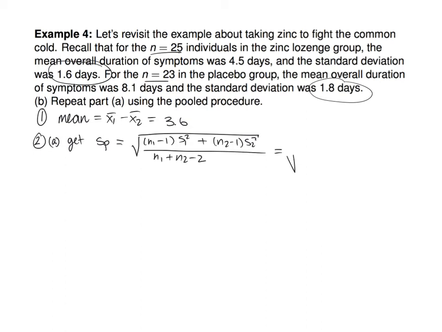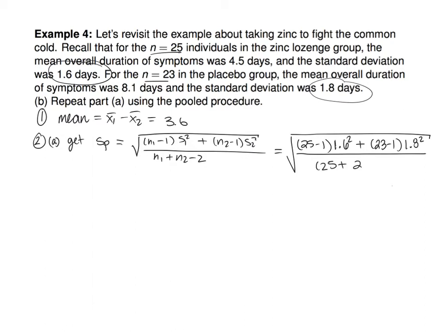So plugging everything in, n1, the first sample size, is 25. That standard deviation was 1.6. N2 was 23. That sample standard deviation was 1.8, over 25 plus 23 minus 2.